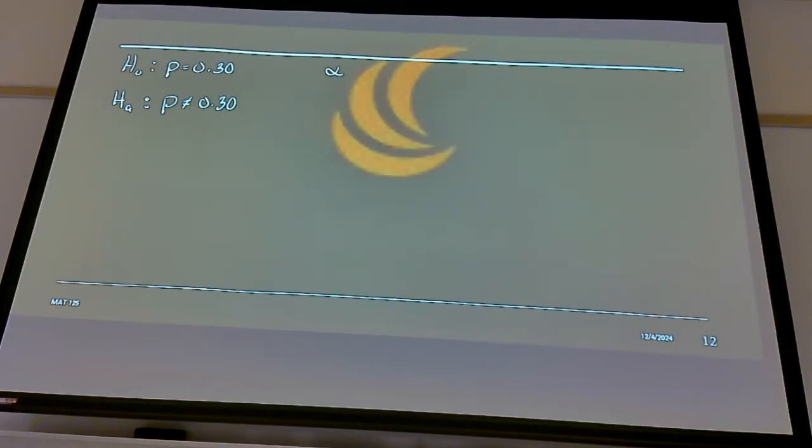And level of significance. And this is a two-tailed test.